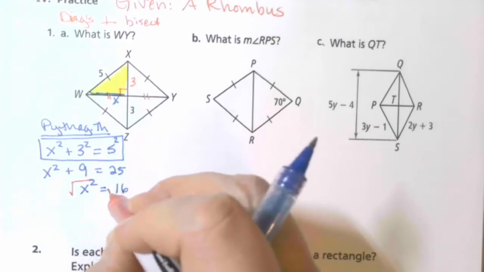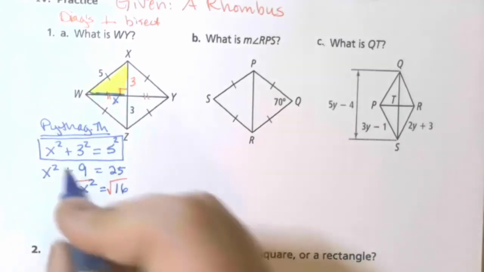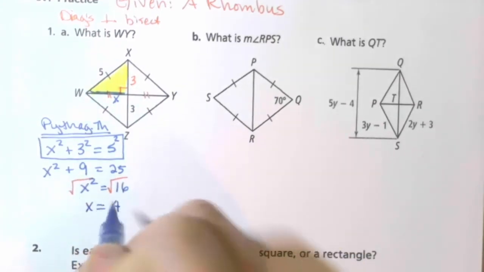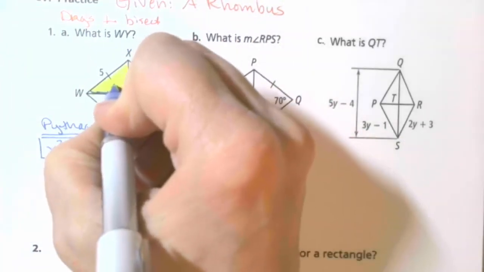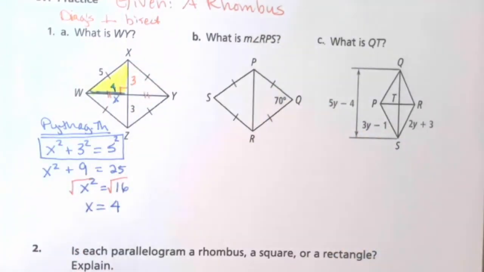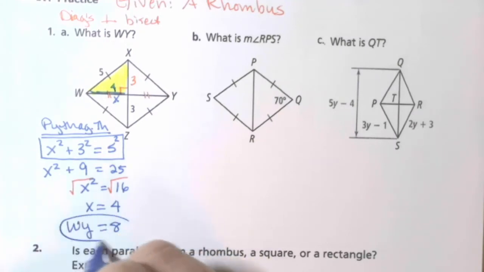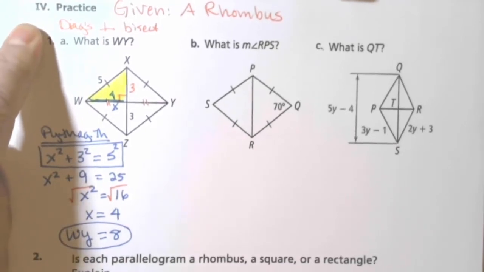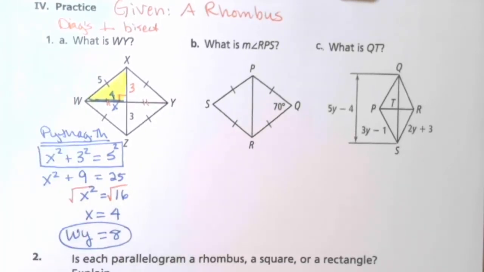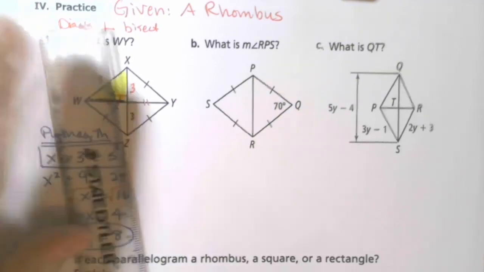Take a square root of both sides. 16 is 4 times 4, so x equals 4. So if x is 4, then WY is twice that. So the length of WY has to be 8. And again, the theorem we had to use is that the diagonals are perpendicular and they bisect. That's what allowed us to do that. All right, I'm going to draw a line here just to keep my work tidy.